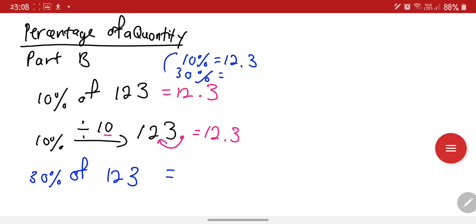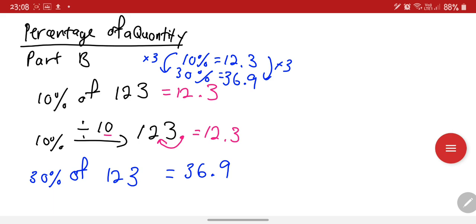From 10% to 30%, you had to multiply by 3, because 10 times 3 is 30. So same goes here, 12.3 you times with 3. 3 times 3 is 9, 2 times 3 is 6, 1 times 3 is 3. Decimal same place, so your answer should be 36.9.